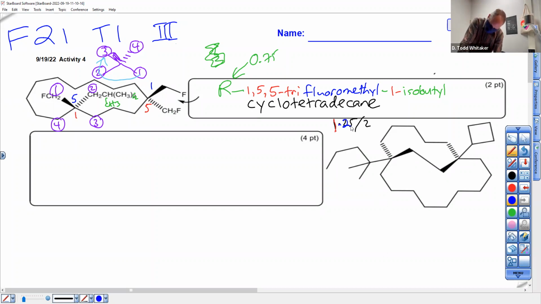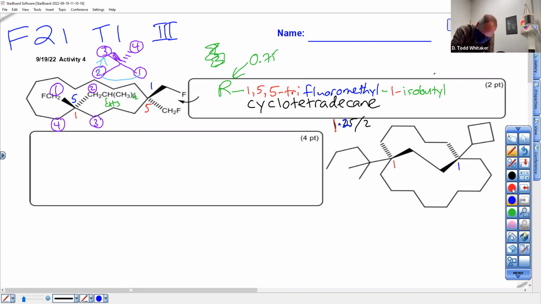Okay. I believe the numbering sequence can be either direction in this one because both bridgeheads have a number. You can go 1 there or 1 there. You're going to get the same results group-wise. 1, 2, 3, 4, 5, 6, 7, 8, 9, 10. Make sure I did that right. 1, 2, 3, 4, 5, 6, 7, 8, 9, 10, 11.